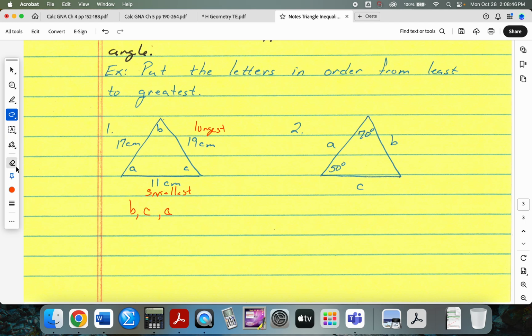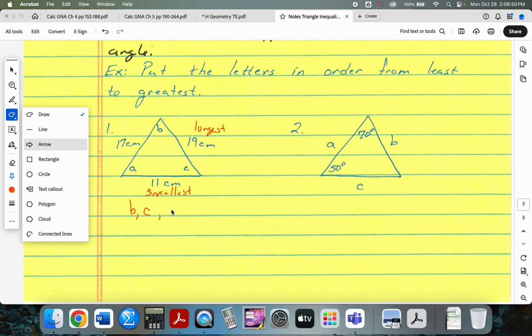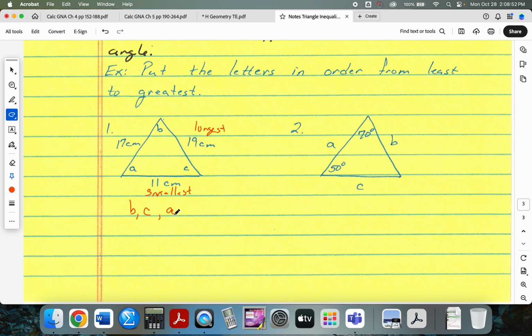It's a horrible looking A. Okay, not a lot to do on that. You just pick out the biggest and the smallest, put them in order.